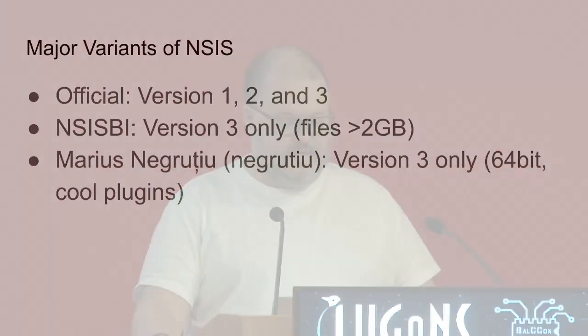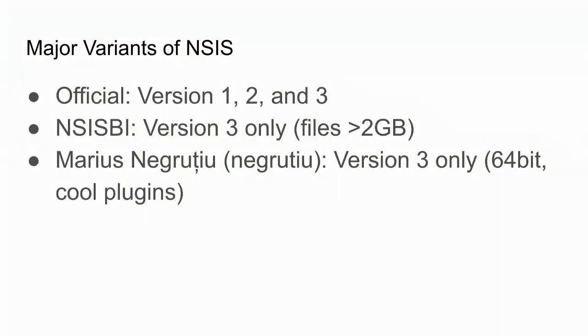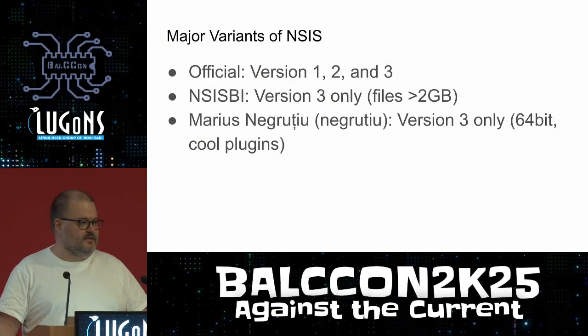And then there's Marius, a developer, I apologize, I can't pronounce the last name, who makes plugins for NSIS and has also made a fork of NSIS based on version 3. Other than the cool plugins, it also does 64-bit. The official version of NSIS is only 32-bit.